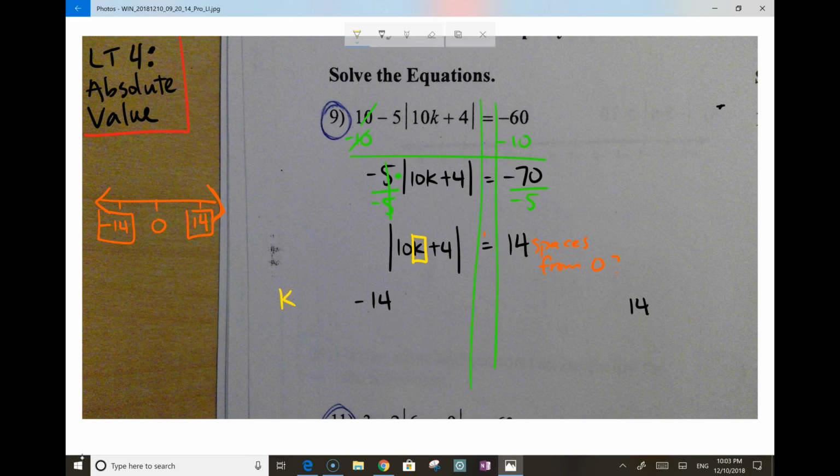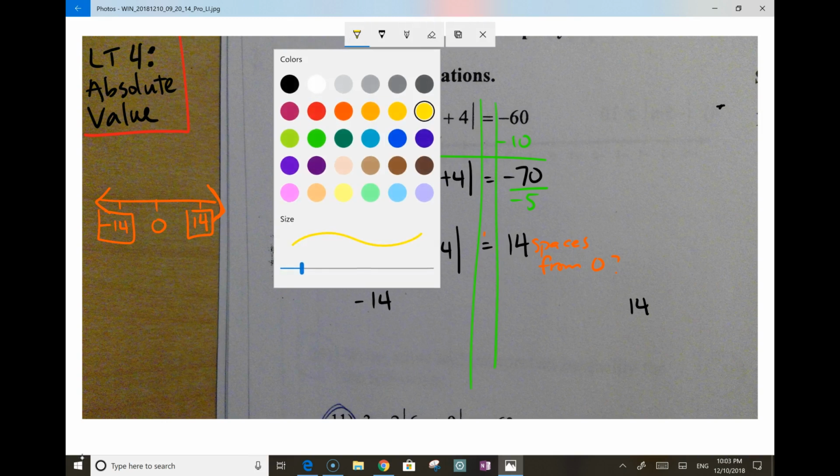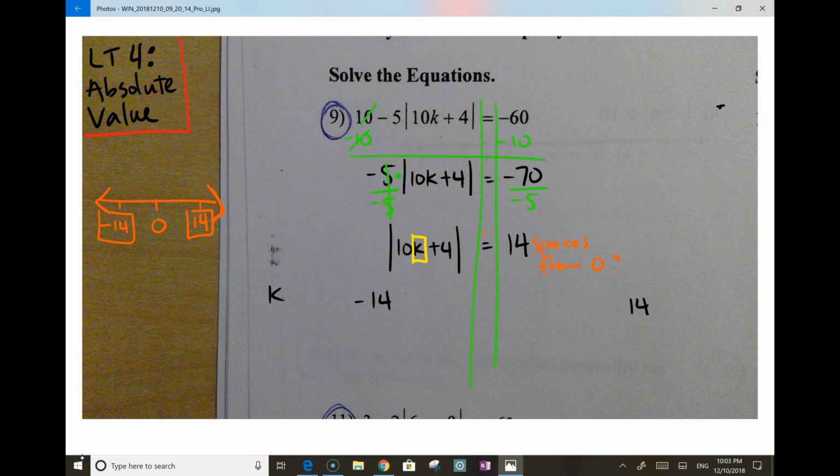So what number times 10 and then plus 4 will make negative 14? And on the other side, what number times 10 plus 4 will make a positive 14?